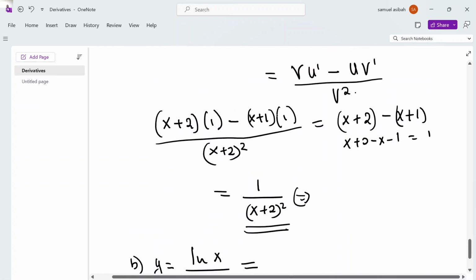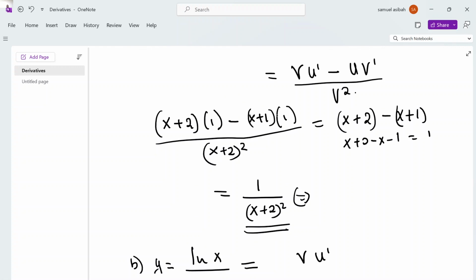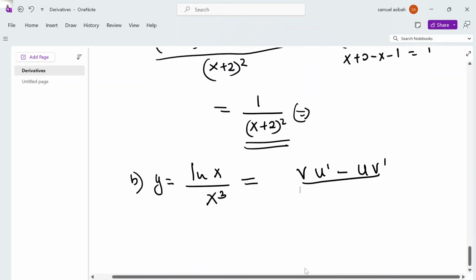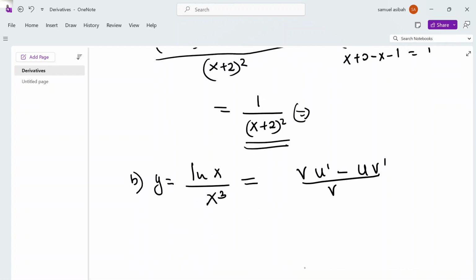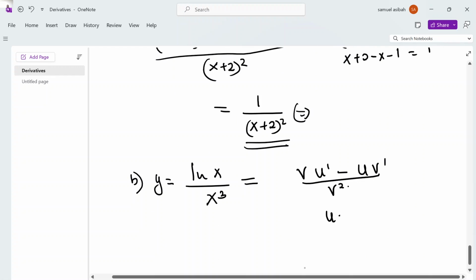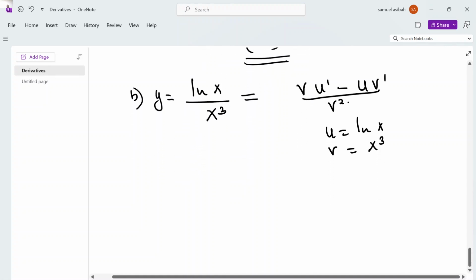You write it as v u derivative minus u v derivative over v squared, just like that. Which means you will have identified your u as natural log of x and your v as x cubed.